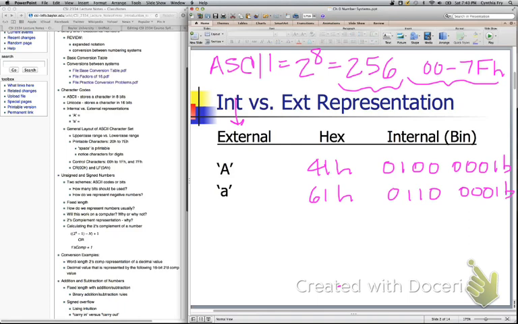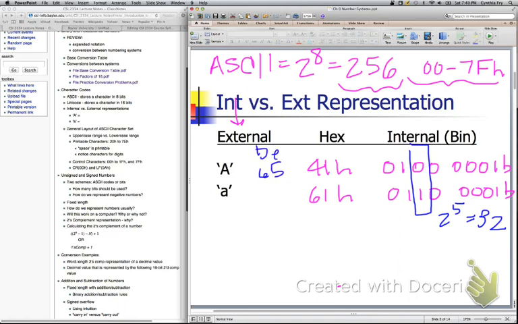First of all, let me change colors real quick. You'll notice right away that the only difference between upper and lowercase occurs in bit 5. Bit 5, 2 to the 5th, equals 32. So when I look at what is 41, well, that's 4 times 16, or 64, plus 1, or 65.